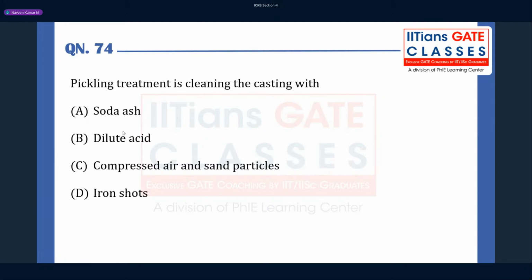Pickling means you are cleaning some kind of dirtiness, like corrosion or rust on the item, and you want to remove that rust. Then you'll be using either soda ash or dilute acid. Soda ash is generally used in chemical industries, not in metal manufacturing industries.